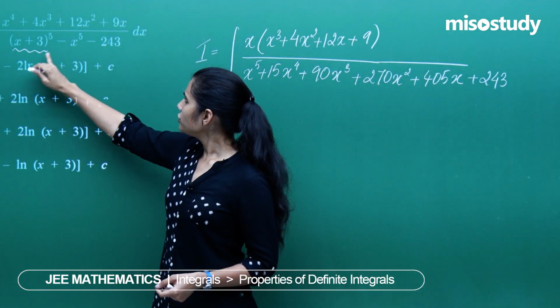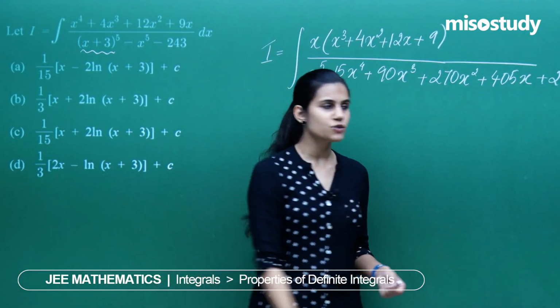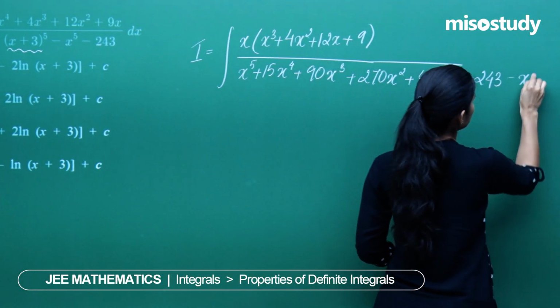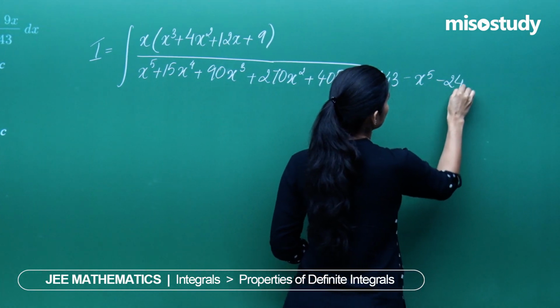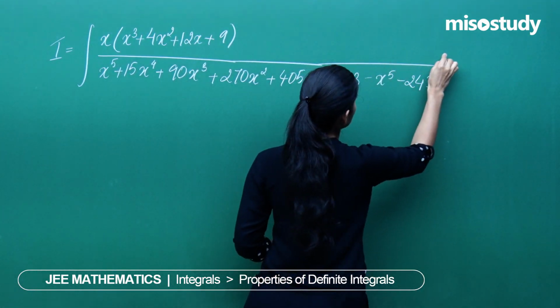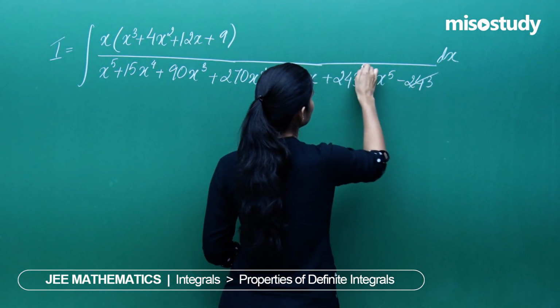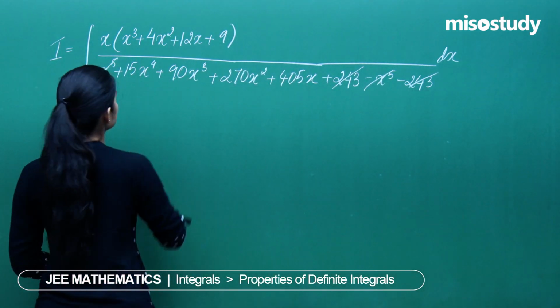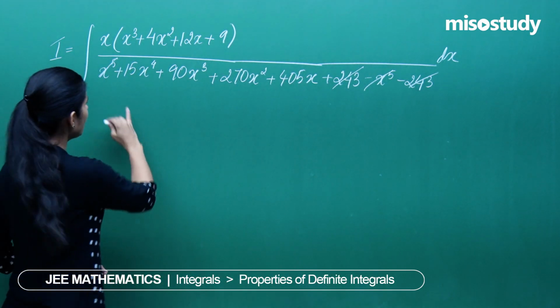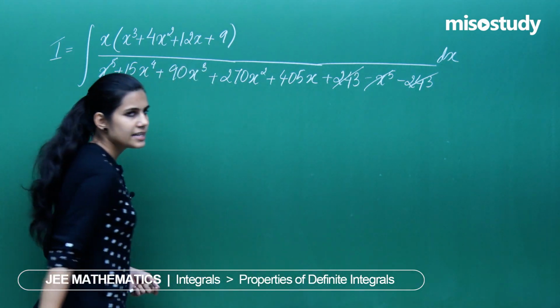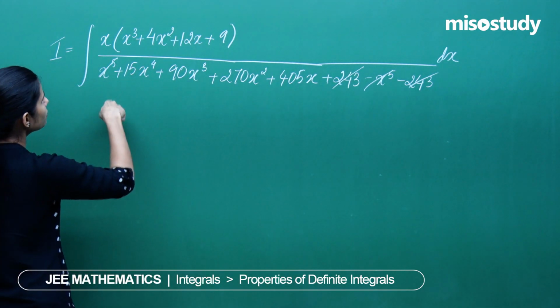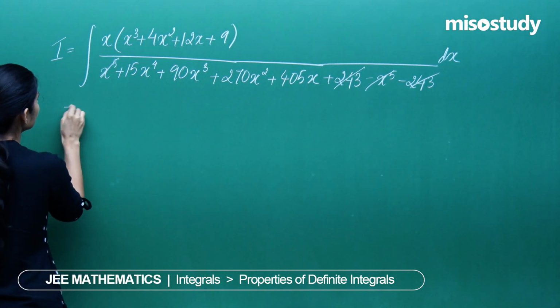Apart from this expansion, you have minus x to the power 5 minus 243 dx. So clearly this gets cancelled out and this gets cancelled out. Now in every term you see in the denominator there is x common. So again x is going to come out common and is going to get cancelled out with this x.